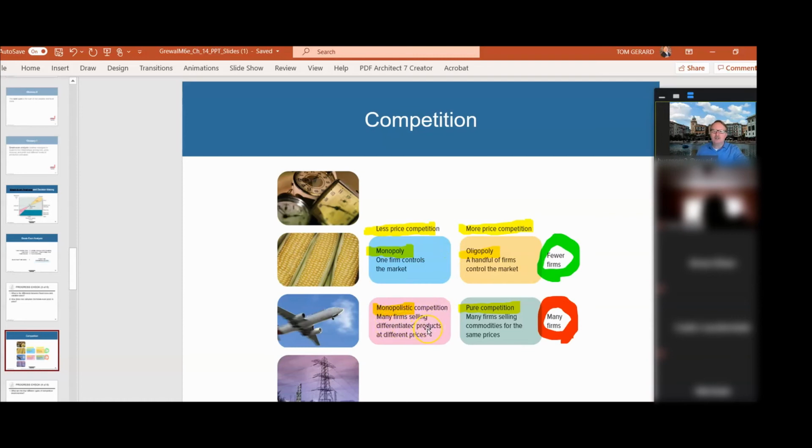Many firms selling, monopolistic competition, many firms sell differentiated products at different prices. So monopolistic, many firms, different products. This could be things like, we talked about Unilever, Colgate-Palmolive, and Procter & Gamble.